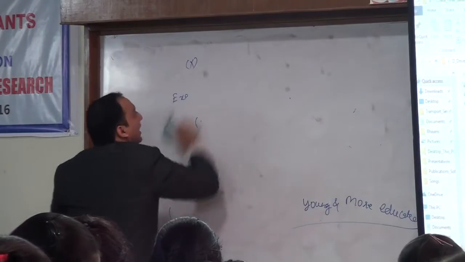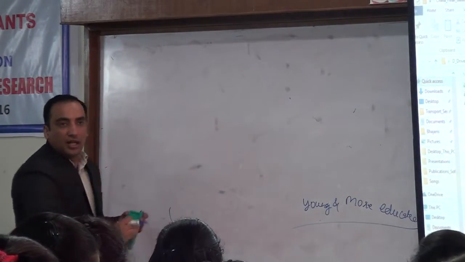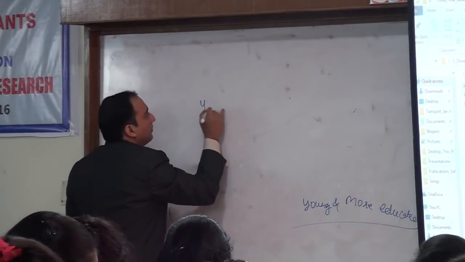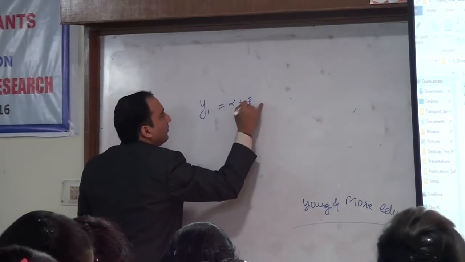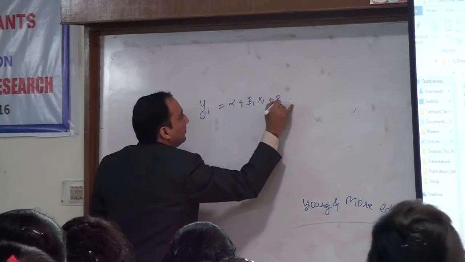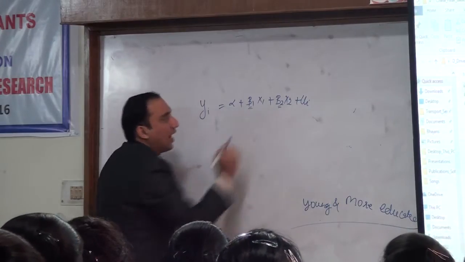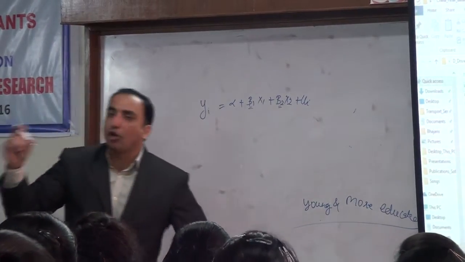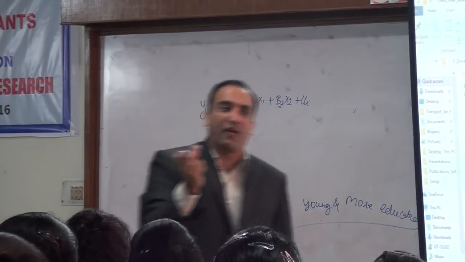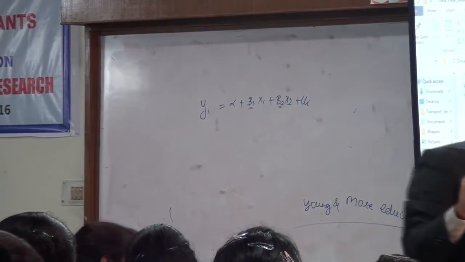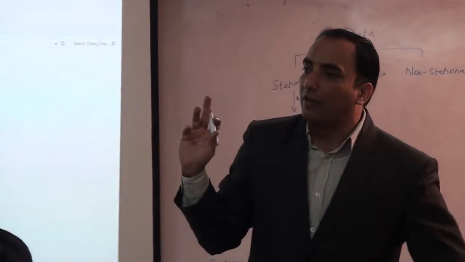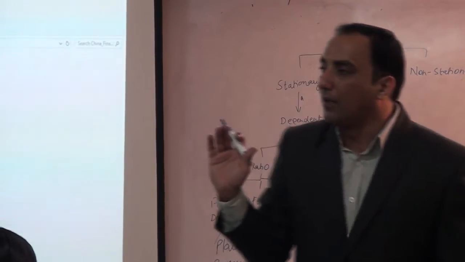So what happened in a logit model? Our beta, actually what we do, because I told you we cannot find covariance or correlation directly because my y is a categorical variable or a dummy variable.